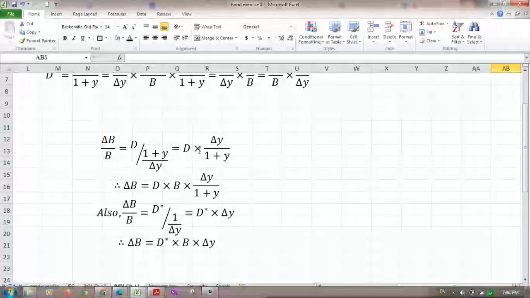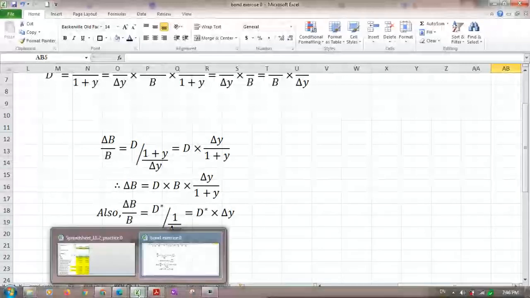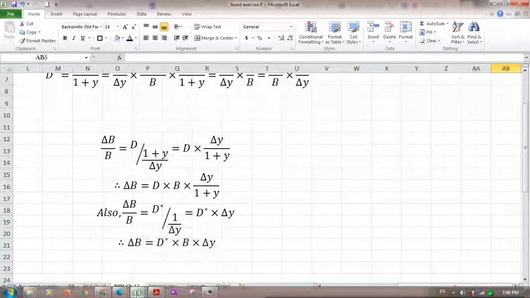So we multiply that by bond price, then we will get the change in bond price.